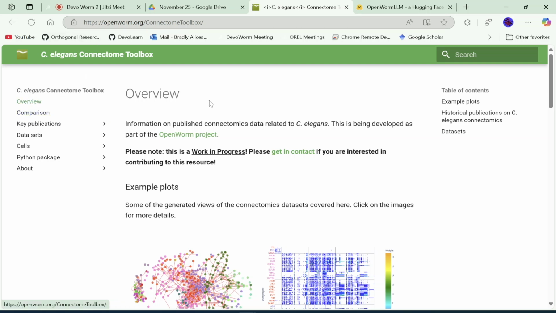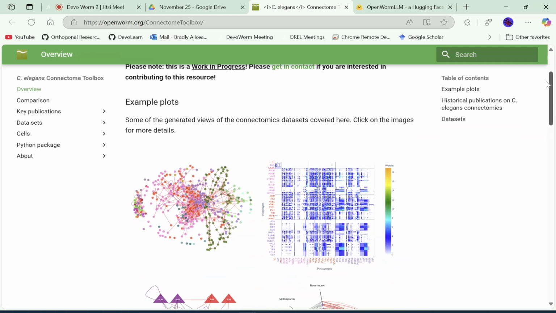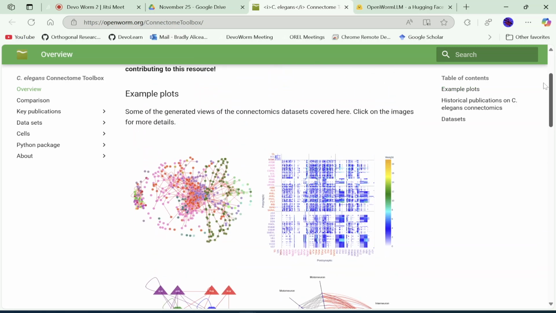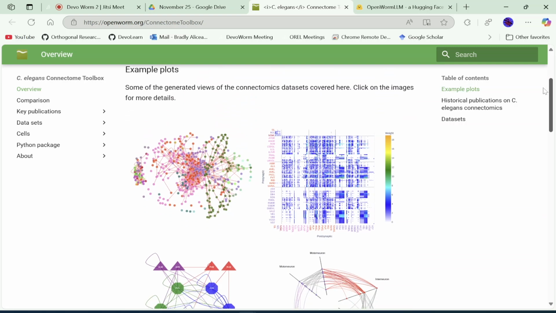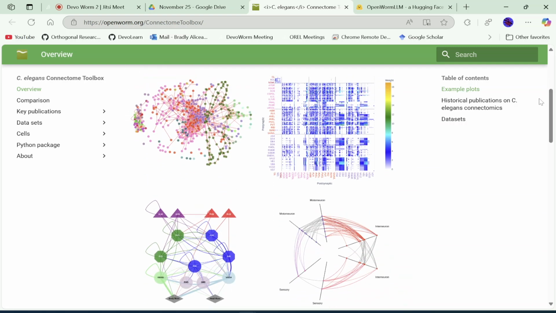You have an overview, which is here. This is just talking about example plots. So when you have a Connectome data set, how do you plot it? I think that's an interesting problem in light of some of the discussions we've had about plotting network data.